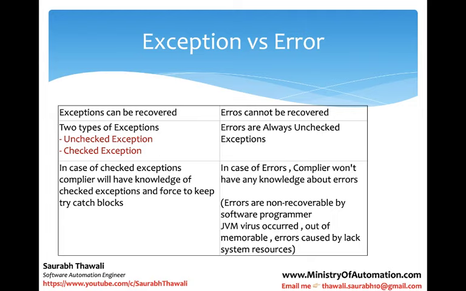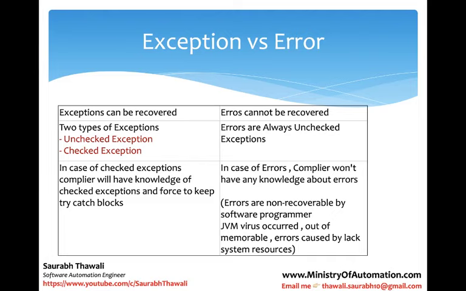So this is a checked exception. Just trying to give you some correlation. If you do not have sufficient pressure in your tire, an indicator will tell you that you may want to check this and fill up sufficient air pressure in your tires.